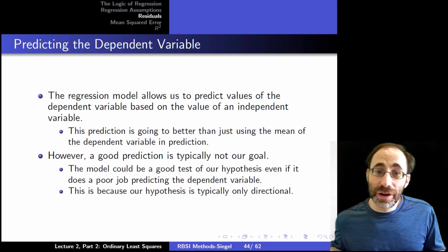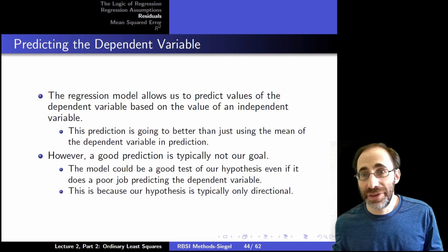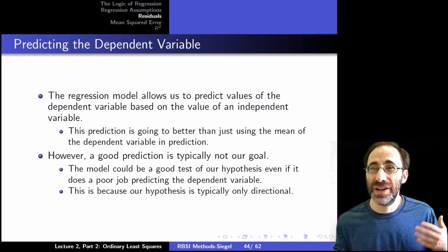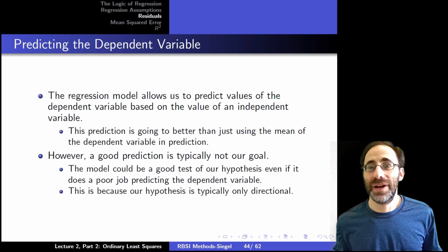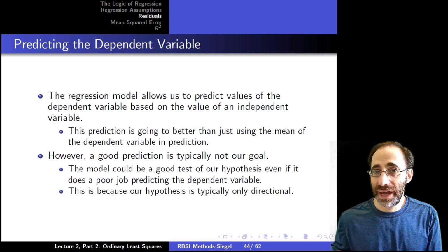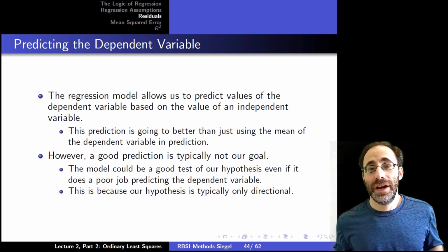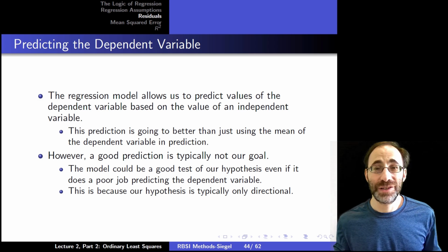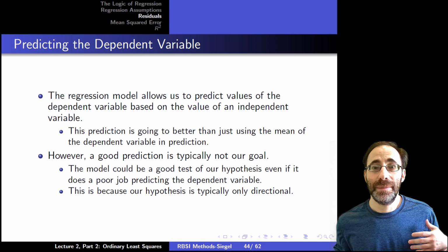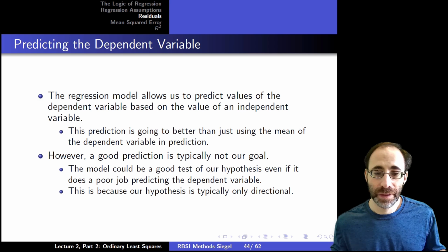Now, prediction isn't normally our goal, right? We can do a good job of hypothesis testing in theory, even if we don't predict very well, because all we're trying to do in hypothesis testing is a very weak test to see whether or not the coefficient on the independent variable x is different from 0. We can find that it's different from 0 because there's a relationship between x and y, even if the relationship accounts for very little of how y varies, and is therefore not very useful for prediction.